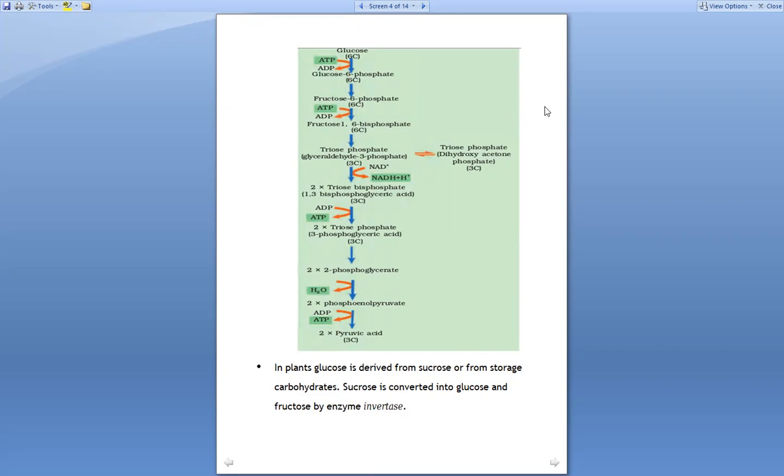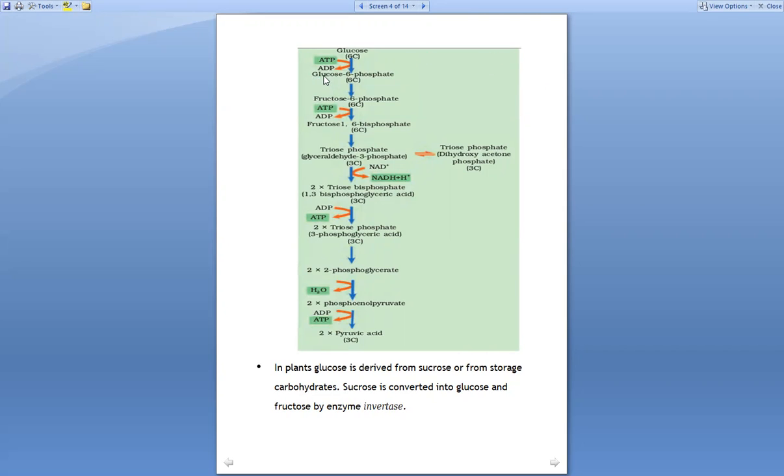It gets converted to fructose 6-phosphate, which is again a 6-carbon compound. See, glucose and fructose are isomers of each other, right? As they are isomers, in the second step the enzyme isomerase is involved.